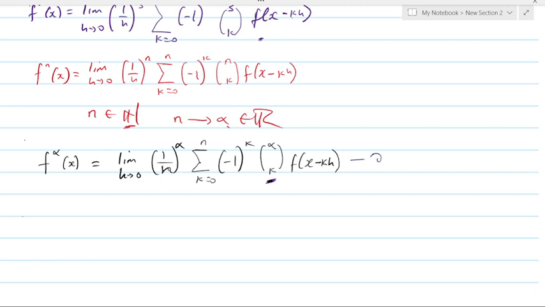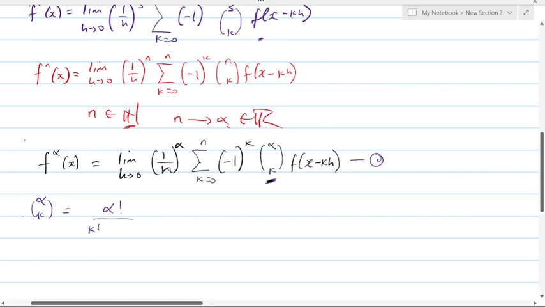So let me make this equation 1. So at equation 1 I have alpha combination k, we can also write as alpha factorial over k factorial into bracket alpha minus k factorial.